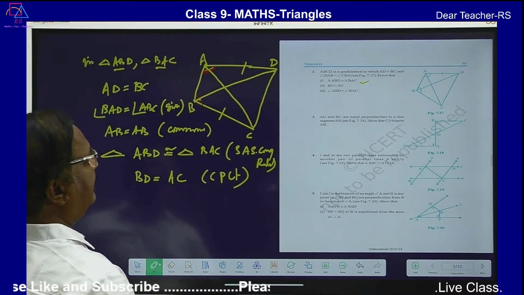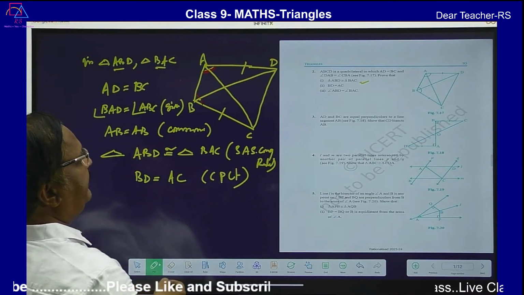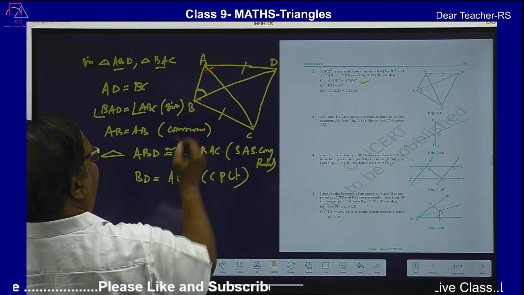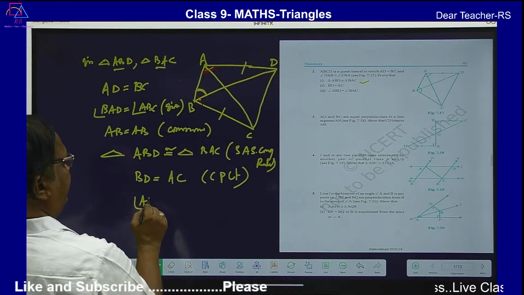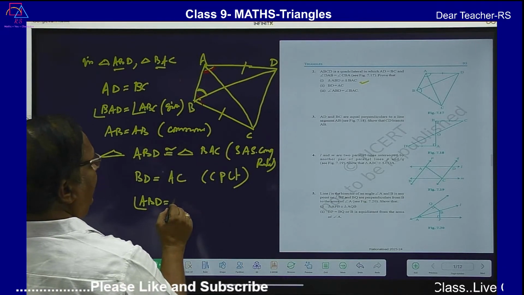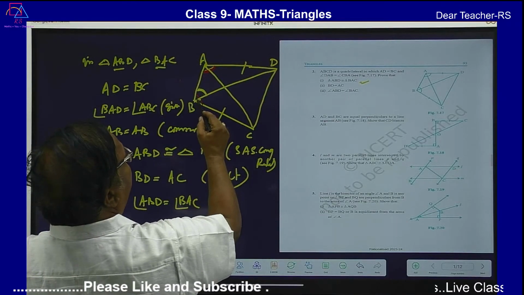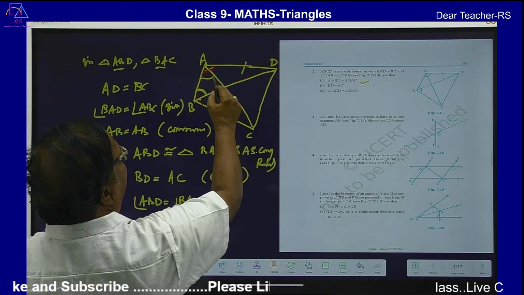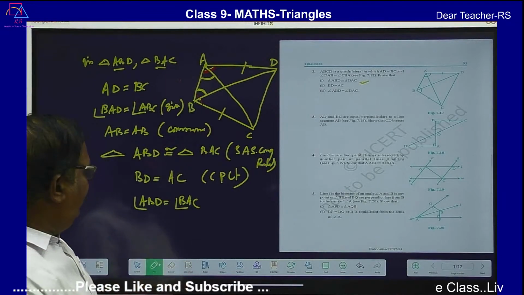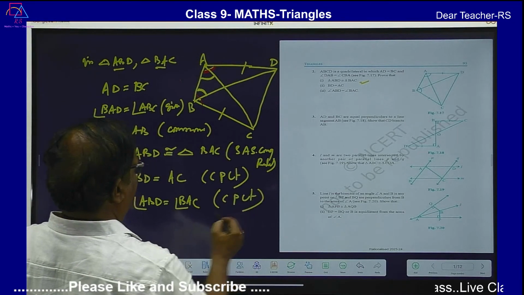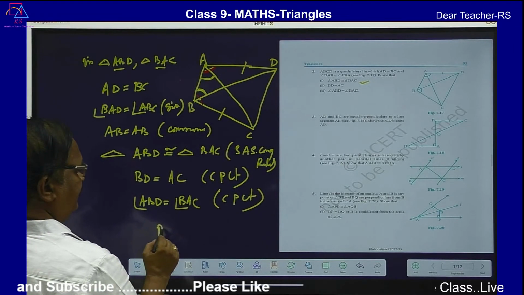So then angle ABD is equal to angle BAC. These two angles are also equal. This is also CPCT. So that is proved.